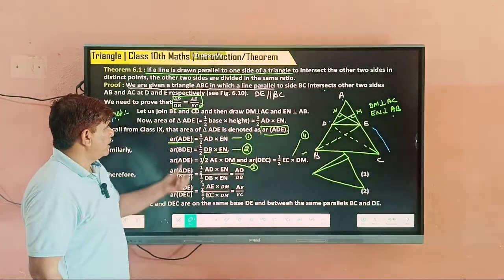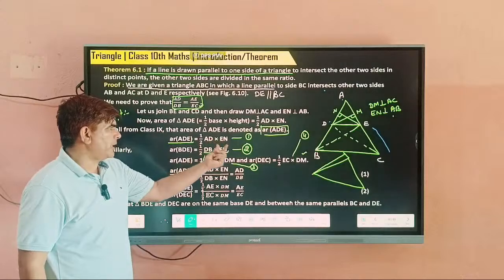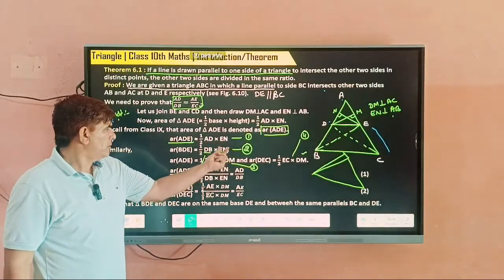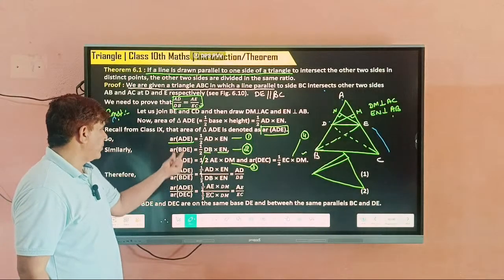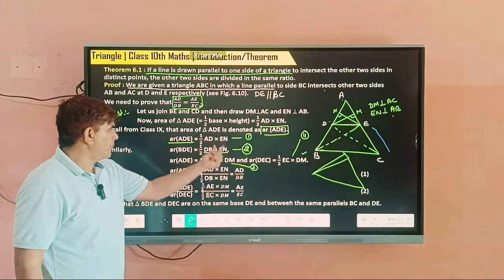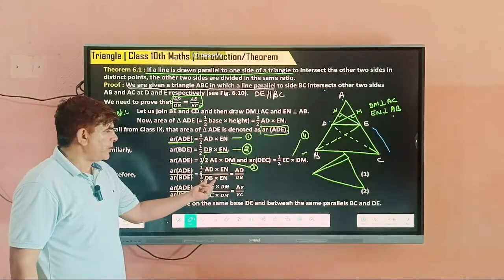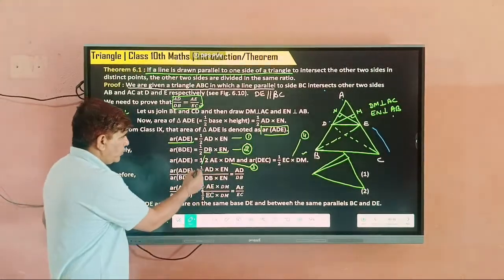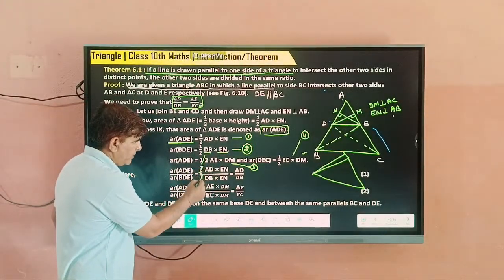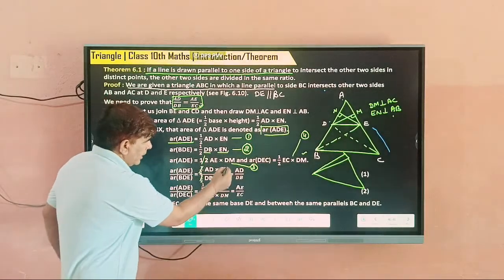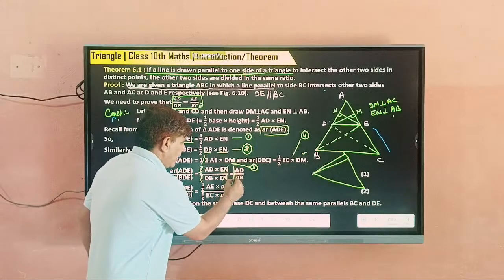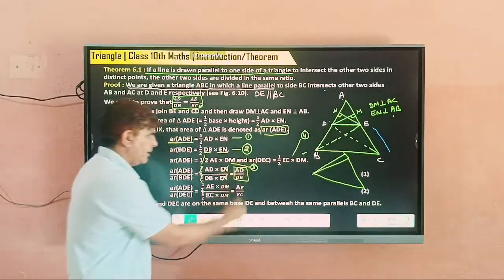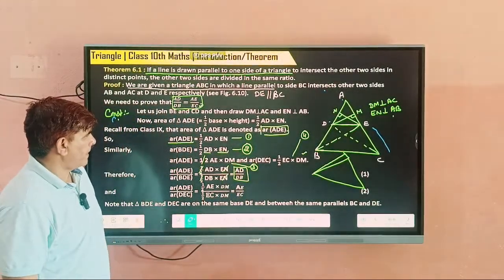Then divide equation first by second: area of triangle DBE, this complete coming here, this complete coming here. 1/2 both cancel each other, EN cancels. So what's left? AD by DB. Yes or no?